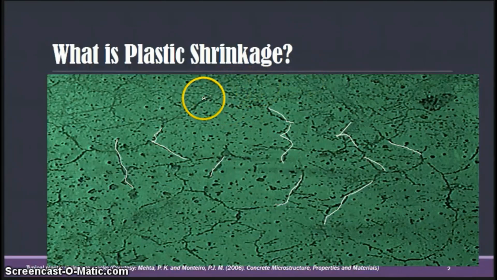So these shrinkage cracks, when they occur on the surface of the concrete, are going to cause deficiencies in the concrete. They're going to cause deficiencies in terms of durability characteristics of the concrete. We're going to discuss that in the latter part, how it creates deficiencies.